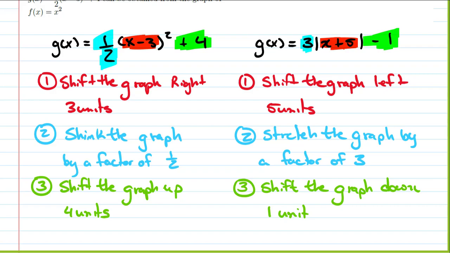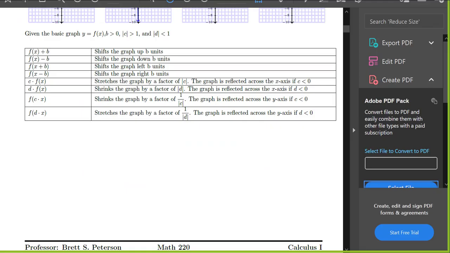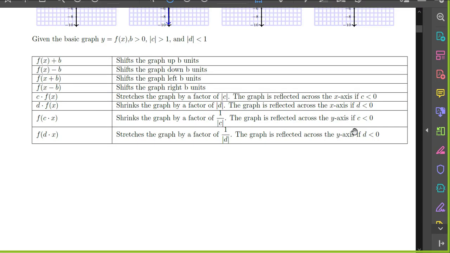So I was getting all of these things from this table. So if we add a number after a function, it shifts it up. If we subtract a number after a function, it shifts it down. If we compose, so it's on the inside with a function, if we add, it shifts it left. If we compose it with x minus b, it's going to shift the graph right.